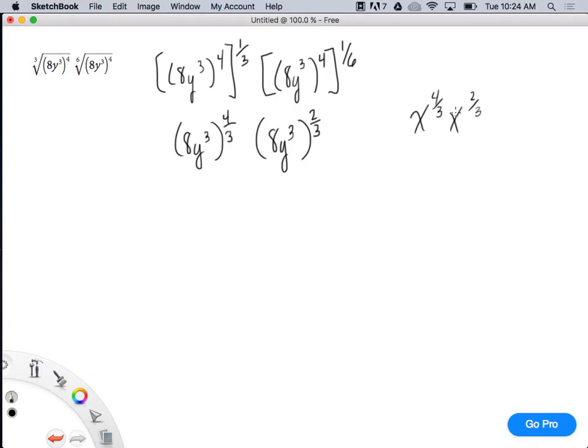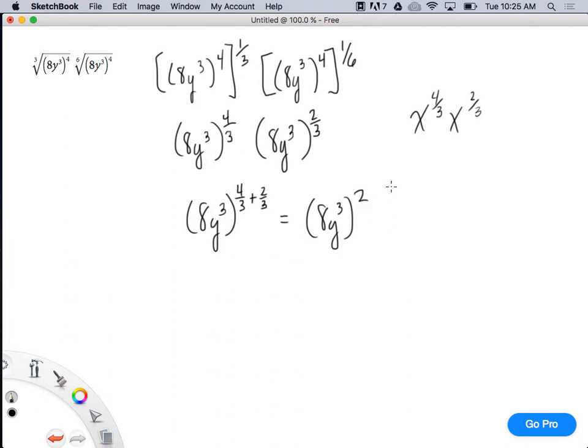And in this case, what do I do with the exponents? Add them, right? So this just becomes 8y to the third to the 4/3 plus the 2/3, right? See? Well, 4/3 plus 2/3 is 4 plus 2 is 6 over 3 is just 2, right? So this is 8y cubed, all that squared.